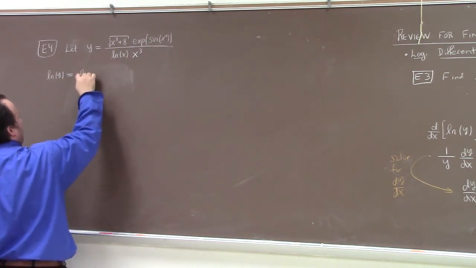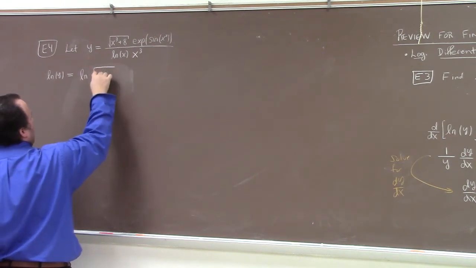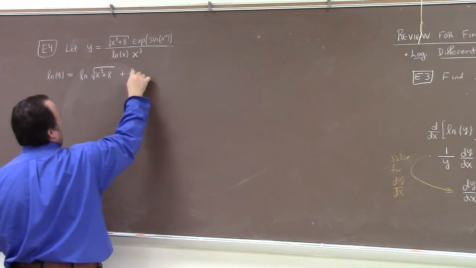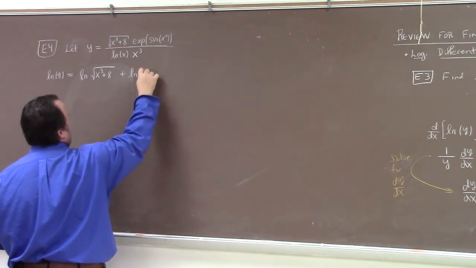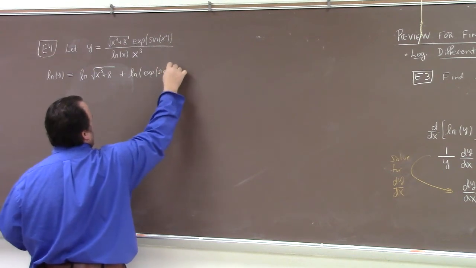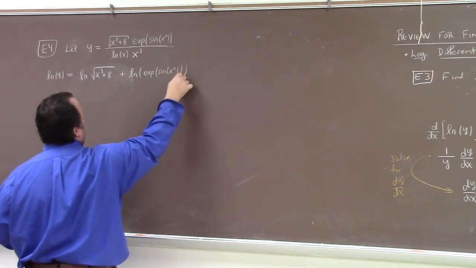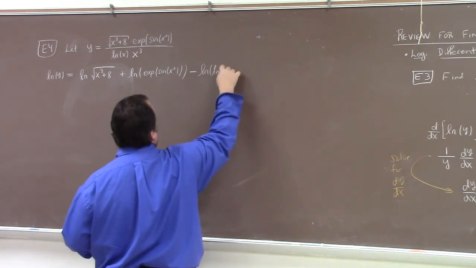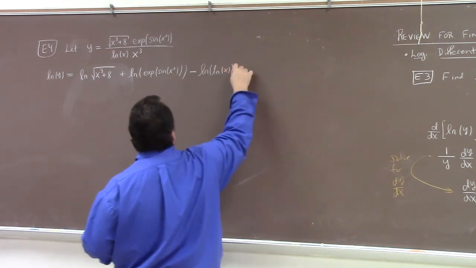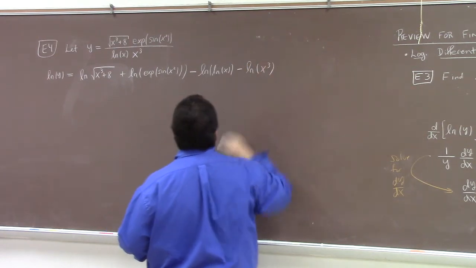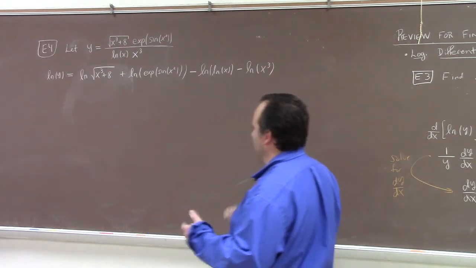Okay, so natural log of the square root of x cubed plus 8, plus the natural log of the exponential of the sine of x squared, minus the natural log of x, minus the natural log of x cubed. Minuses on the last two terms because we have division by those terms.